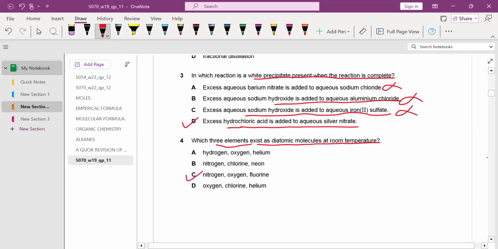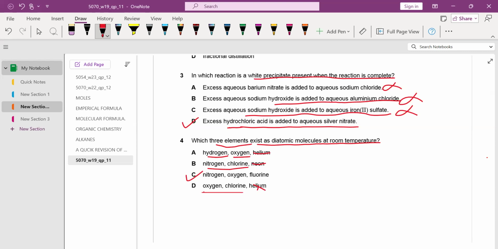Let's look at the other options too. In option A, we have hydrogen, which also exists in diatomic form, and oxygen, which also exists in diatomic form. However, helium does not. Nitrogen and fluorine exist in diatomic form. However, neon doesn't. Then oxygen and chlorine exist in diatomic form. However, helium isn't in diatomic form.